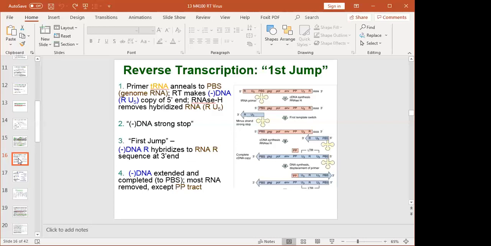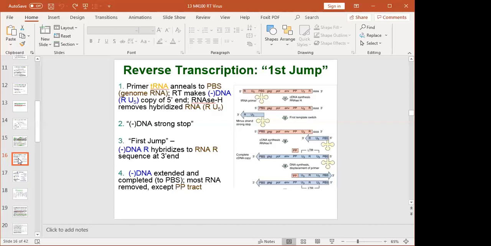This negative DNA strand is a copy of the 5' end of the viral genome. So it includes R region and U5. This is a minus strand. At this point, the minus DNA strand will stop synthesizing.